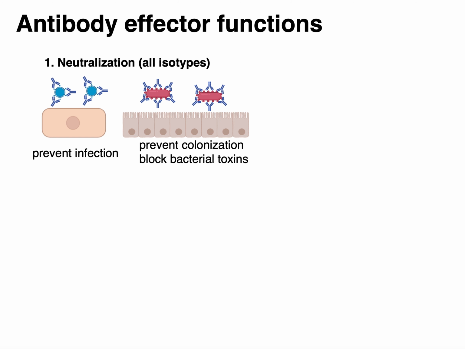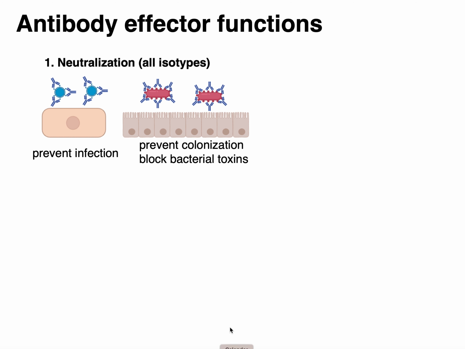One of the key effector functions that's mediated by antibodies of all isotypes is neutralization. And during this COVID-19 pandemic, as you've been paying attention to a lot of the talk about vaccines and how vaccines are evaluated, often scientists will refer to neutralizing antibody titers, or how much neutralizing antibody does a person have, and does the antibody neutralize variant strains and so forth.